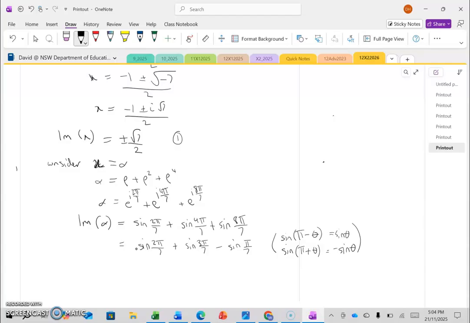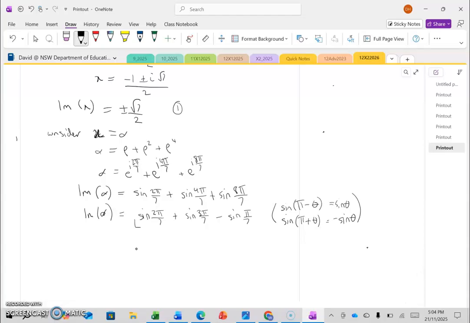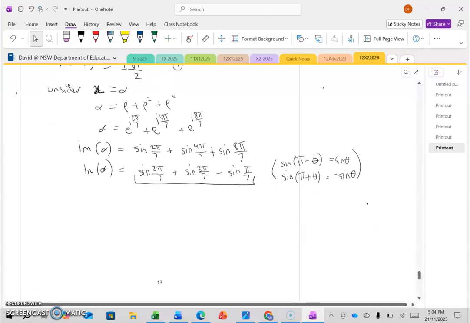Okay, so, alright, we're almost there. Equating 1 and this expression here, we're almost there. The only thing that's left is we need to justify that this must be the positive root, i.e. we have to justify that this is greater than 0.